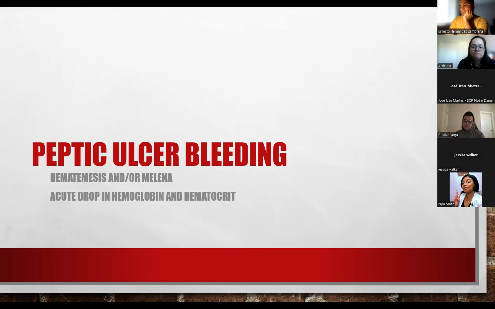So if a patient develops that peptic ulcer bleeding, so they are coughing up blood, they are throwing up dark coffee ground emesis, they have dark tarry stools. They're probably not going to have bright red blood in their rectum unless they are having a lot of diarrhea, because if the peptic ulcer is bleeding, it's bleeding high in the GI tract, and that blood is going to oxidize as it moves through the GI tract and become that dark tarry brown color.